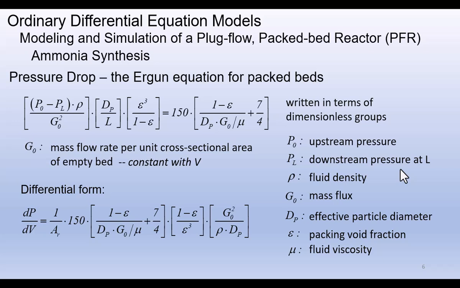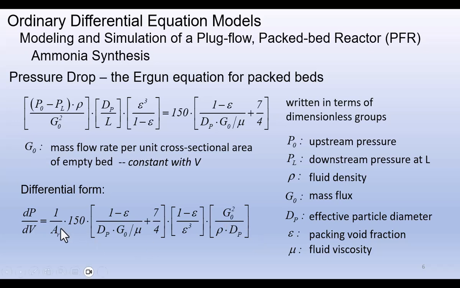And this is a way to model the pressure drop through a packed bed, the overall pressure drop, and then if we differentiate this in terms of pressure with respect to volume, we can come up with a differential form of the Ergun equation and use this to account for pressure drop as we go through the reactor.